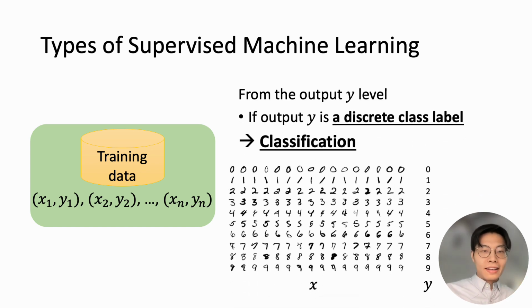If output Y is a discrete class label, we call this problem a classification problem. For example, the handwritten digit recognition problem is a classification problem because the output of this problem only has 10 different classes from 0 to 9.